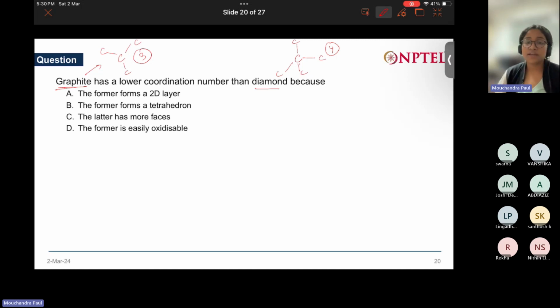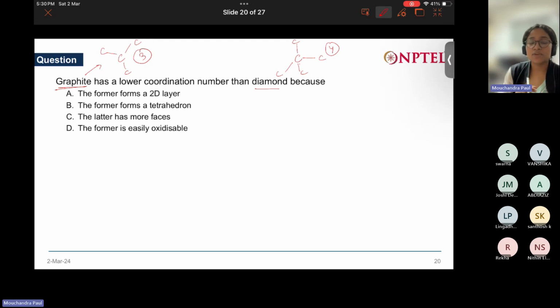Now if you look at the structure of graphite and diamond, graphite has a sheet kind of structure, whereas diamond is much denser and bulkier.